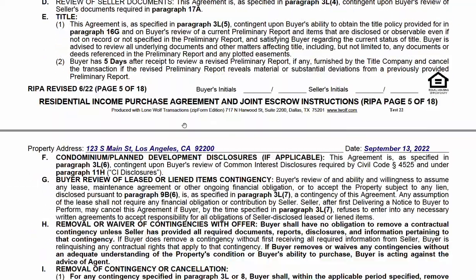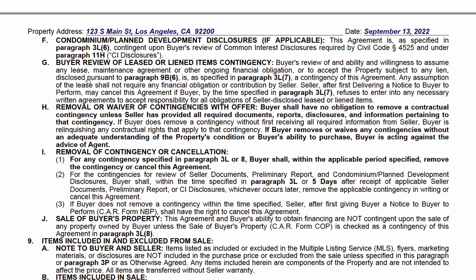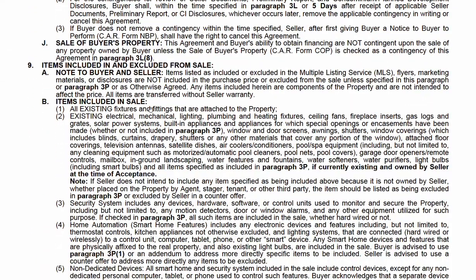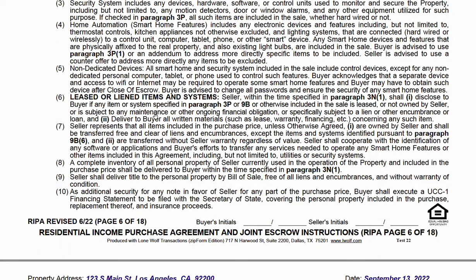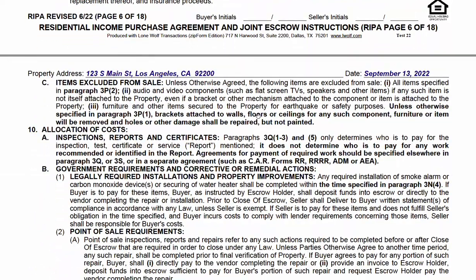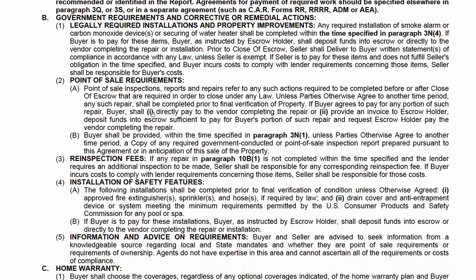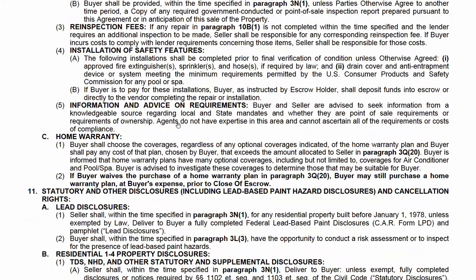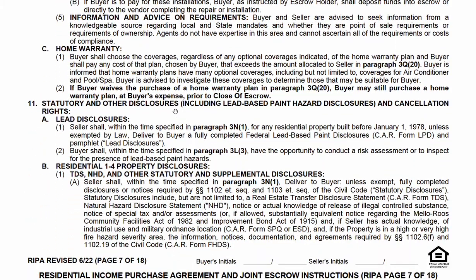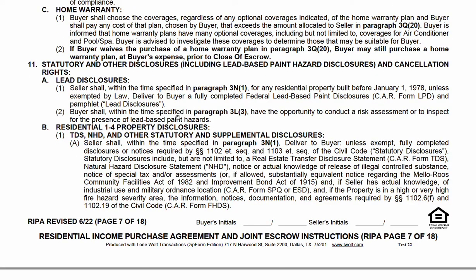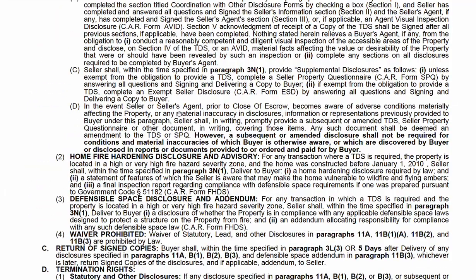Appraisal, investigation of property. This is about HOA docs. I mean, this is all boilerplate text. Lease items, allocation of costs, point of sale requirements. If you have questions on any of this, go ahead and leave a comment, and I'll be happy to answer.